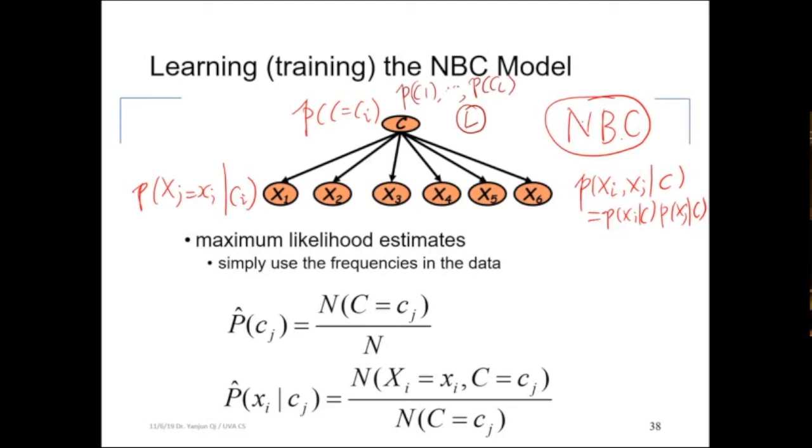Because I'm showing you a graph, and this is the simplest tree graph, but in fact you can have a lot more complicated ones. This is so easy: C controls x1, x2 until x6, but maybe your data is not this way.